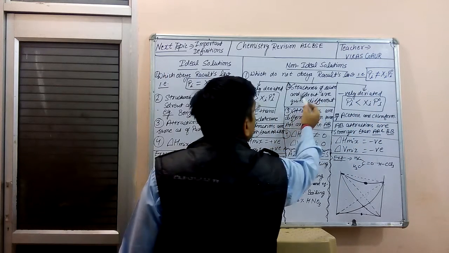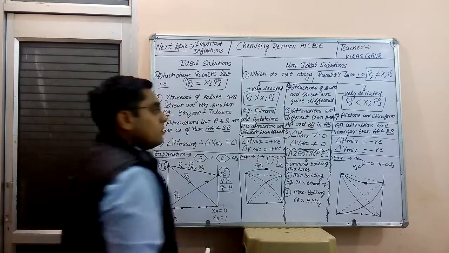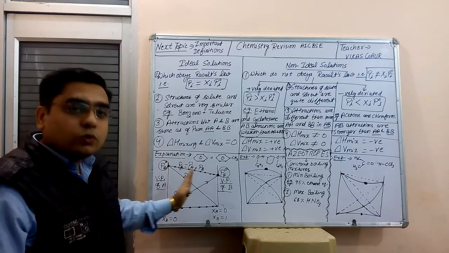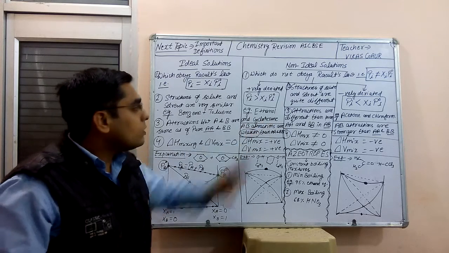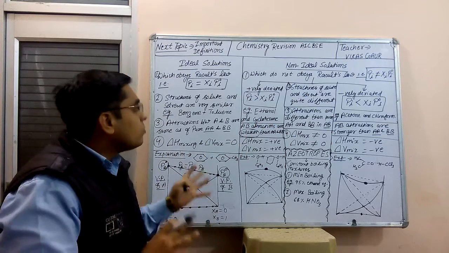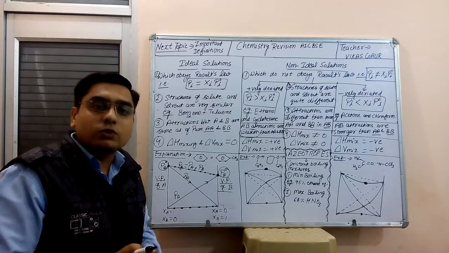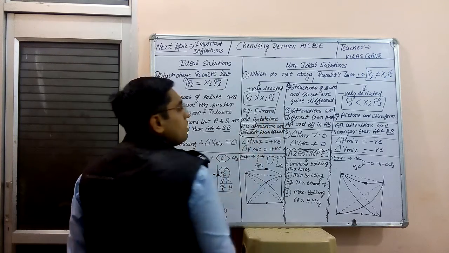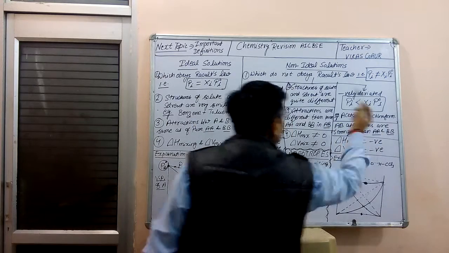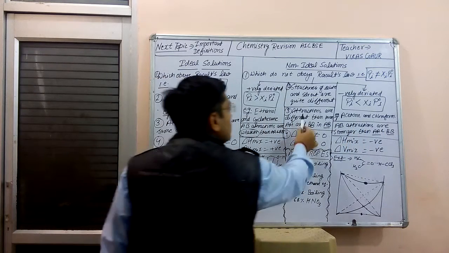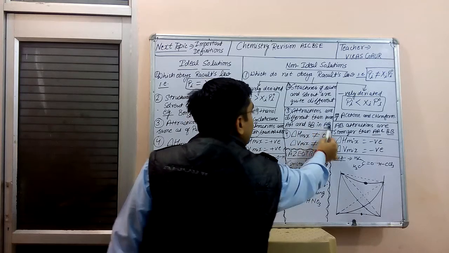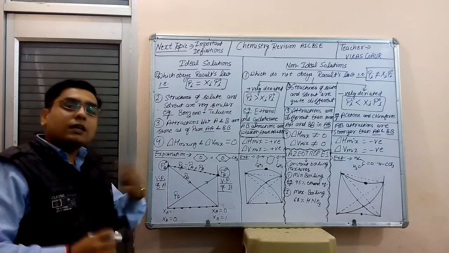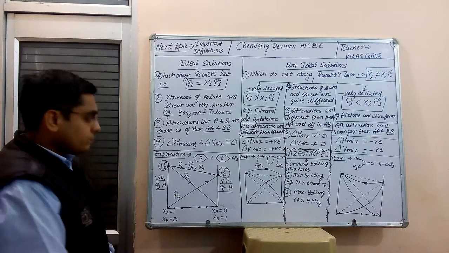The structures of solute and solvent are quite different. The solute and solvent structures are not similar as in ideal solutions. In non-ideal solutions, in both positive and negative deviation solutions they are different, as you can see, ethanol and cyclohexane, acetone and chloroform. And because of that, the attractions between A and B are very different than the attractions between pure AA and pure BB.